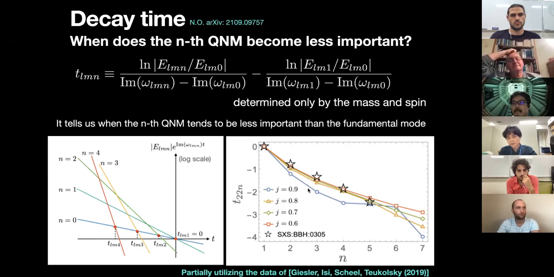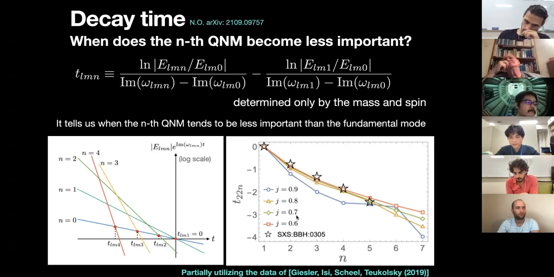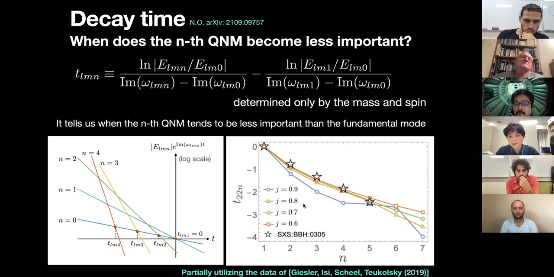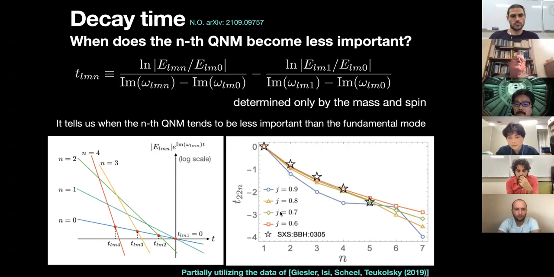So there's a deviation from 0.9, but anyway, this is very consistent with 0.7. Actually, this decay time is insensitive to the spin parameter in the range of 0.6, 0.7, and 0.8.